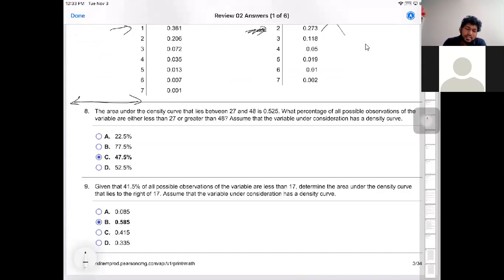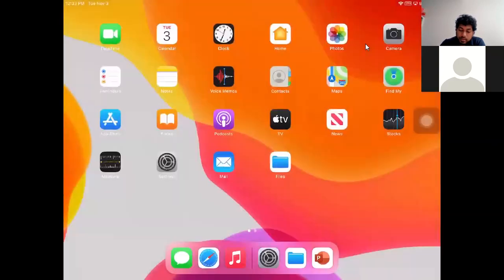Chapter 6 is a little bit different from the other chapters, because from chapter 6 we start to talk about a giant theoretical part called normal distribution. Before I go to this question, I'll explain normal distribution a little bit, because you need that idea to do this exam.